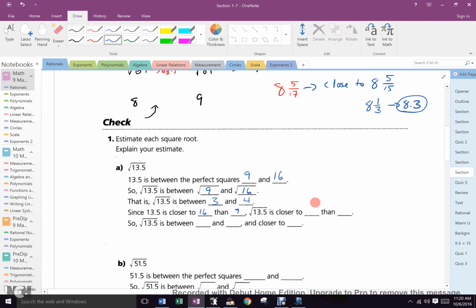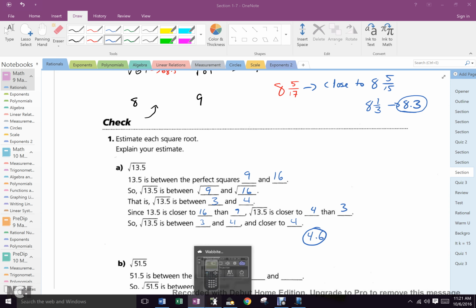If it's closer to 16, is it closer to 4 or is it closer to 3? 4. Then I just say to myself, okay, it's between 3 and 4 and closer to 4. What's your guess? Is it past halfway? Little bit, right? So it's going to be around 4.6 maybe, because 4.5 would be halfway, correct?